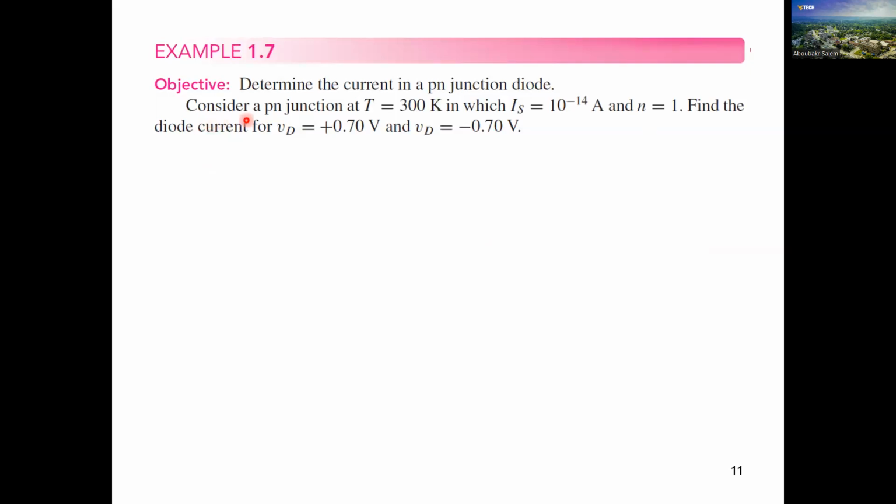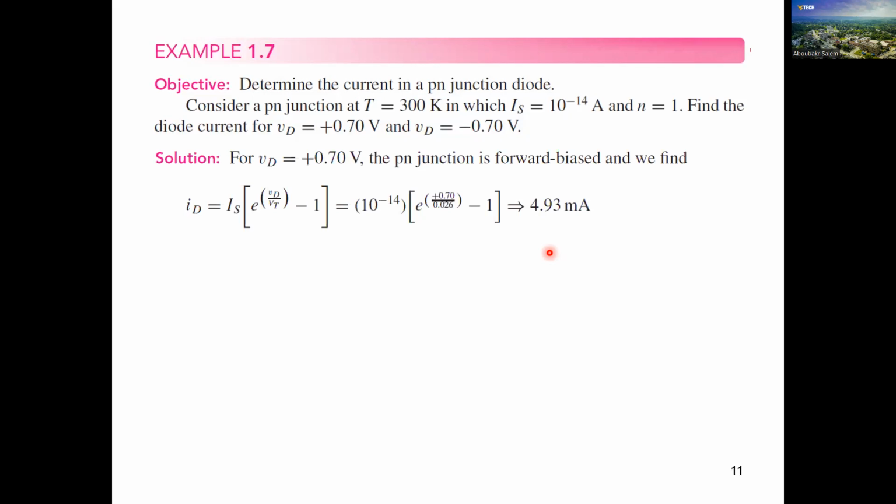Let's see. Consider a PN junction at T equals 300 Kelvin, room temperature, in which IS, the saturation current, is given as 10 to the power minus 14 ampere, and N equals 1. This is the ideality factor. And we need to find the current at VD equals 0.7 and VD equals minus 0.7.